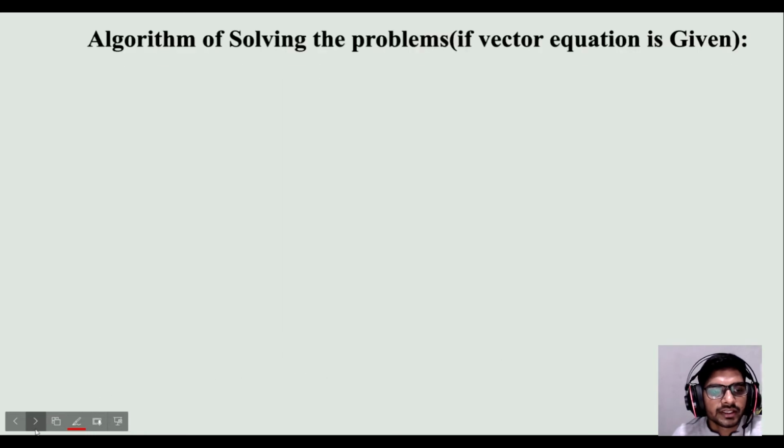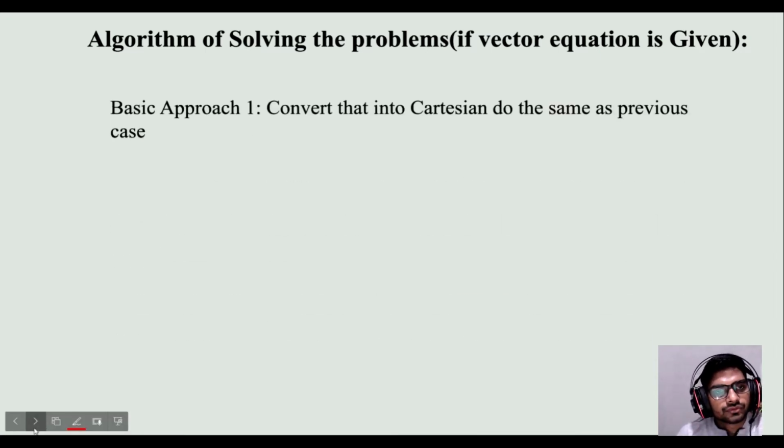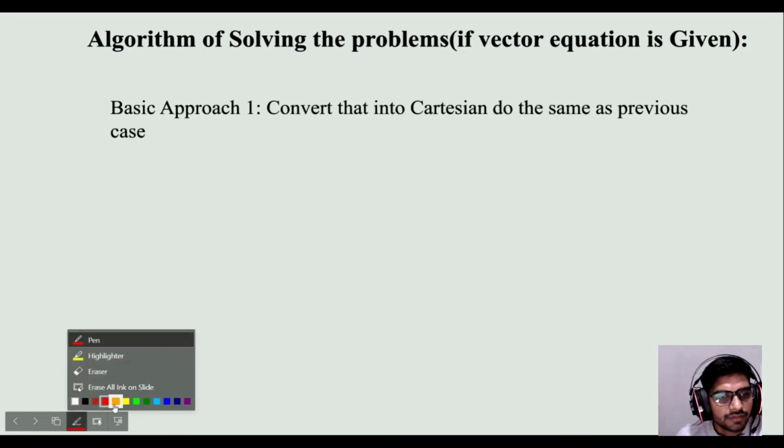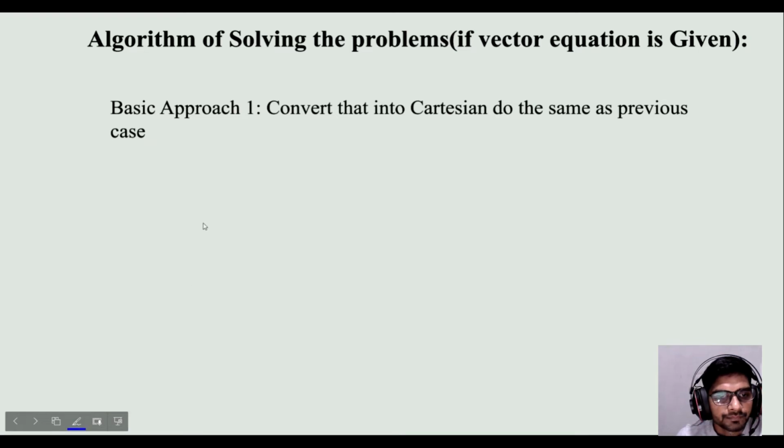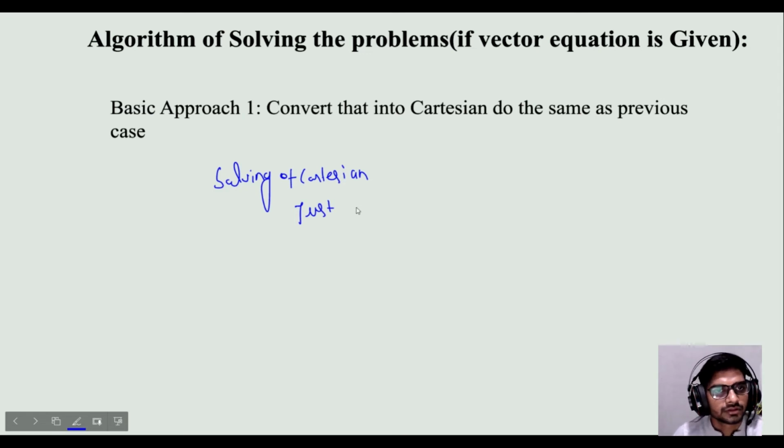If we are given the vector equation, then how can we solve that? So first we have to do it with the basic approach we know from previous knowledge. Right now we are aware of solving in Cartesian form. So just convert the vector form into Cartesian and then apply the previous approach.